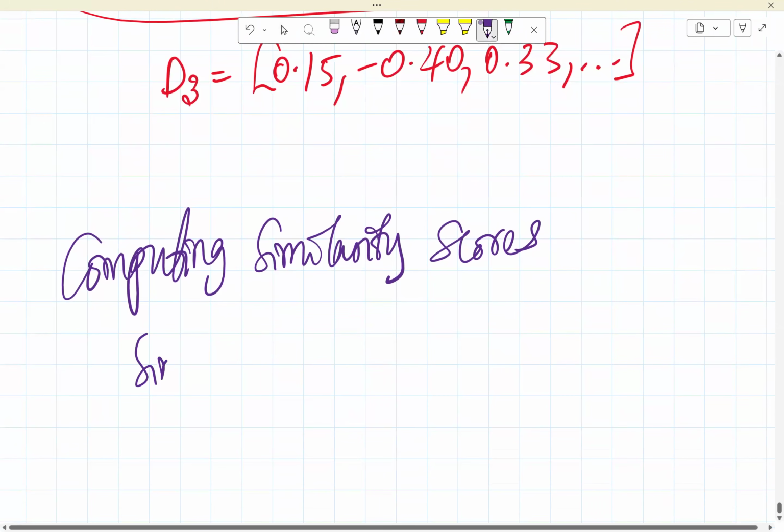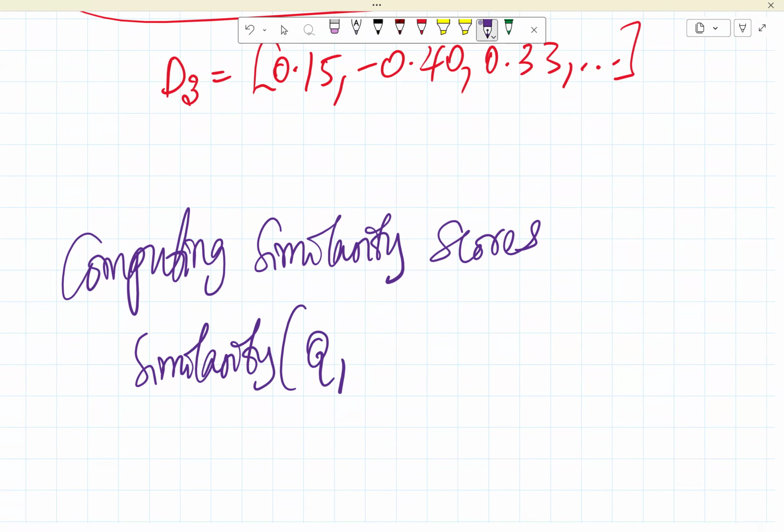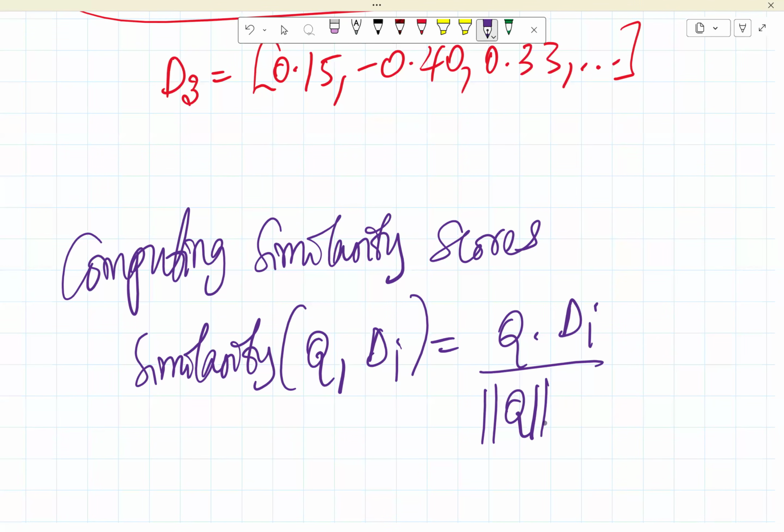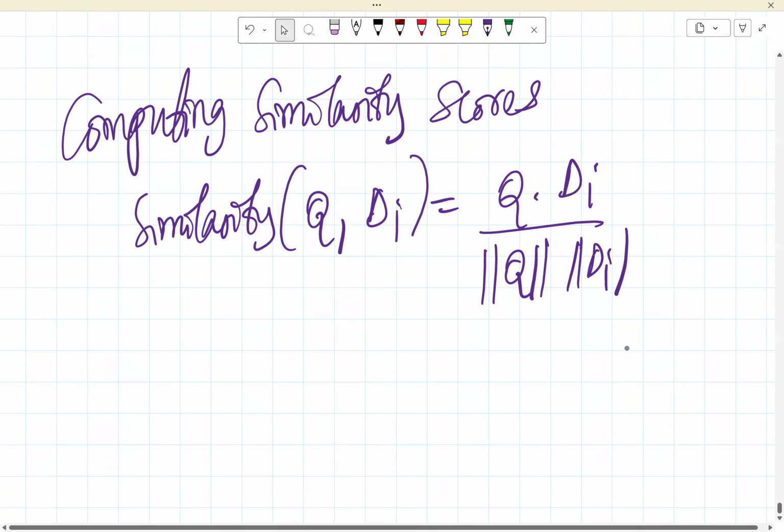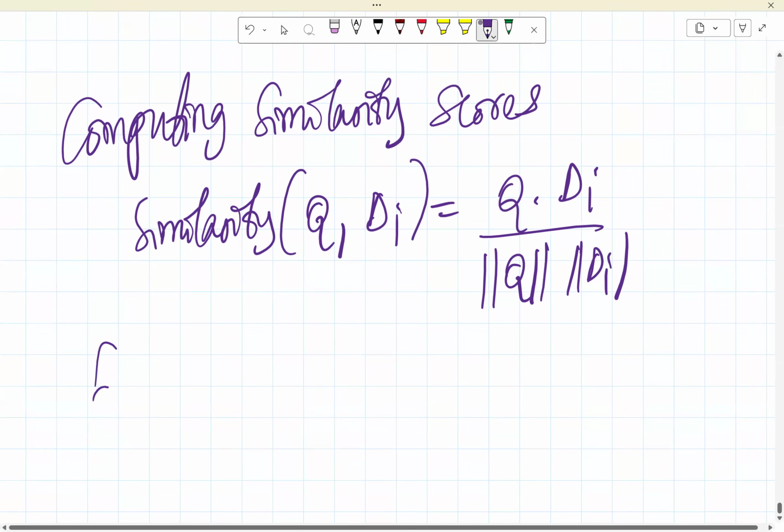That's the similarity of the query and every document, which is q dot d sub i, all over the magnitude of q times the magnitude of each document d sub i. So in that case, let's say we have example scores now.